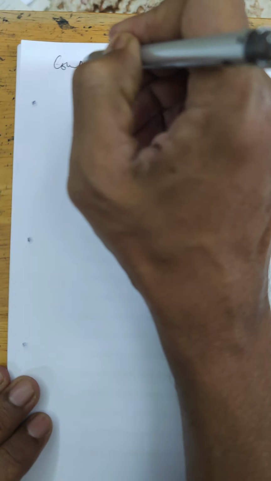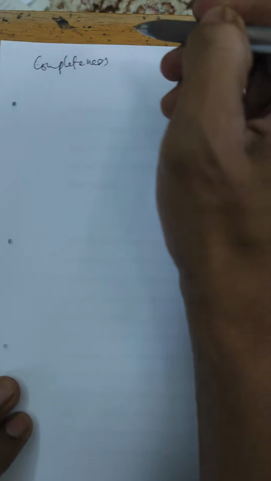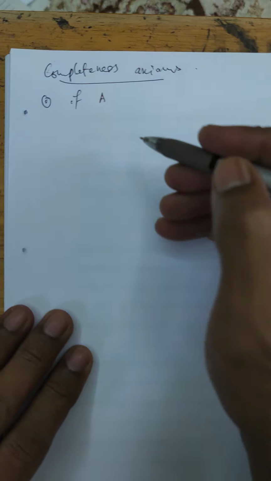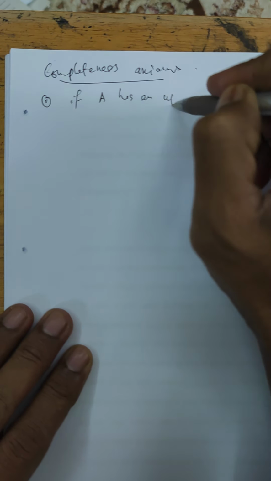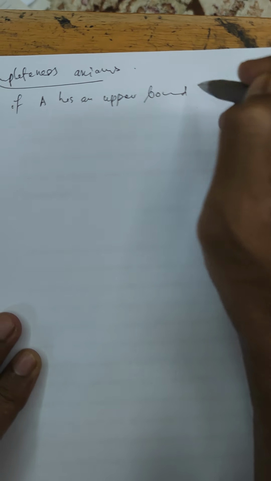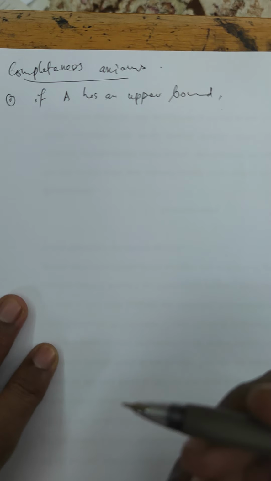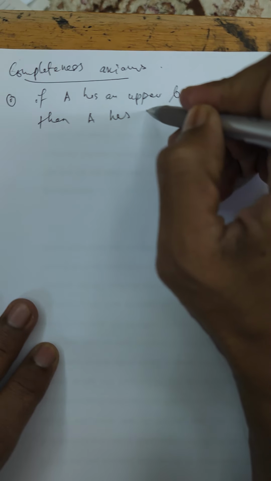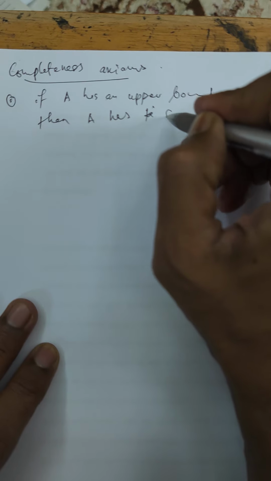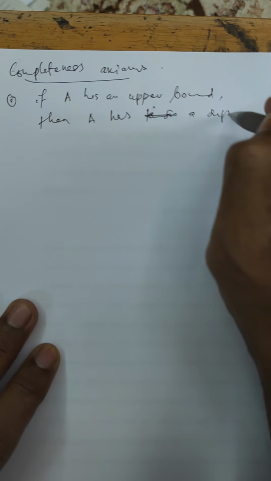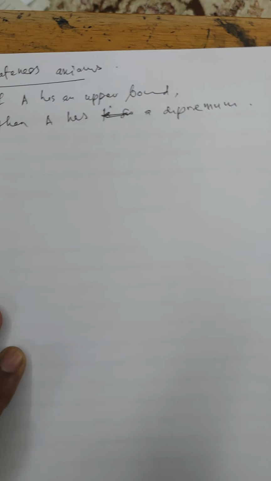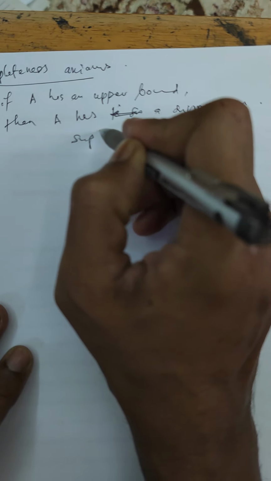Completeness axiom: if a set A has an upper bound, then A has a supremum. So we denote that as the supremum of A.